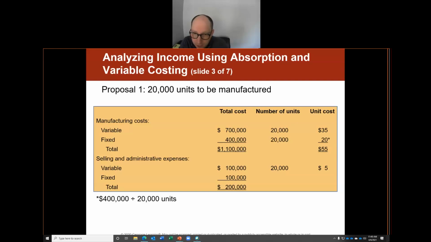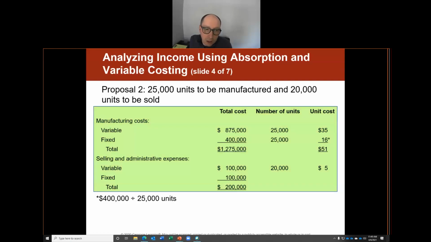So it's just a matter of taking your total cost divided by the number of units we plan to manufacture. And that's how you can find your unit cost. Selling administrative expenses, we have variable $5 per unit and $100,000 fixed.